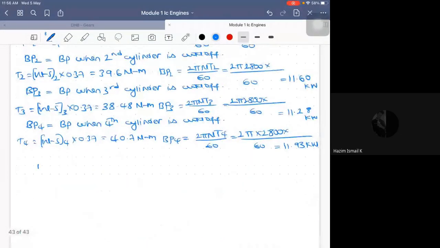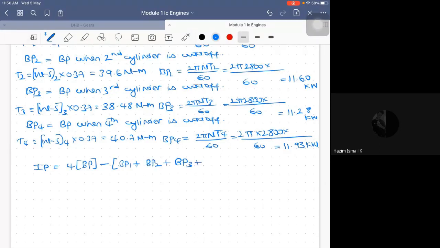So IP is 4 times of BP when all 4 cylinders are running, minus of BP1 plus BP2 plus BP3 plus BP4. So 4 times of BP is what?